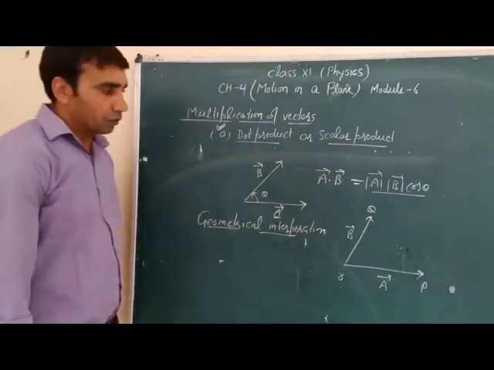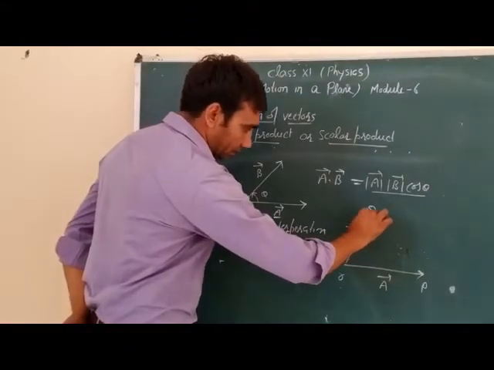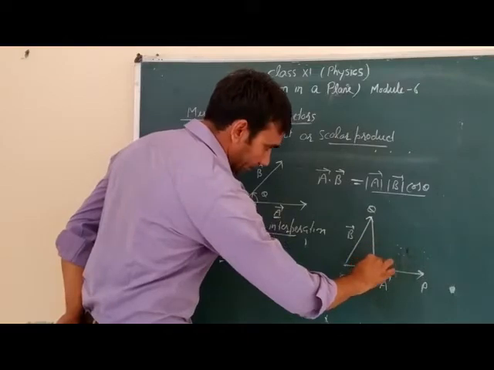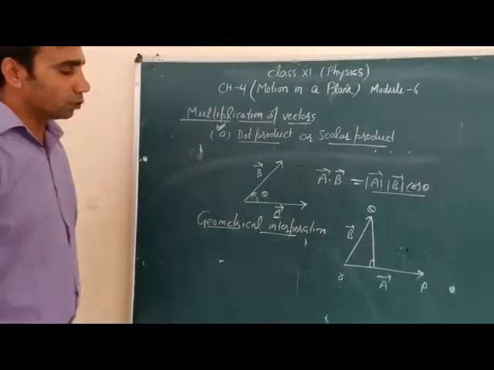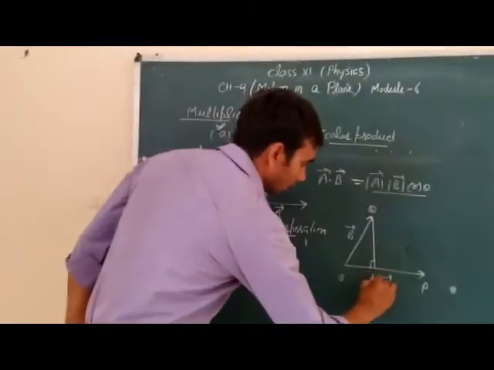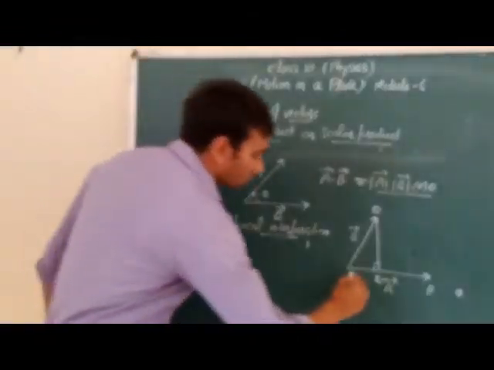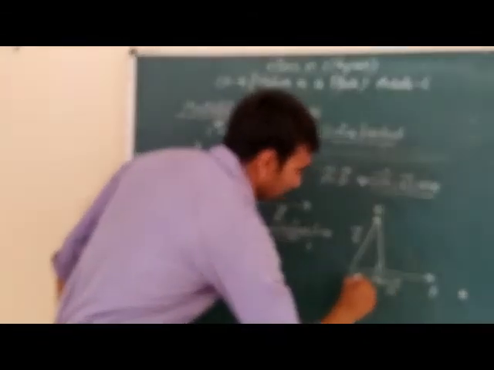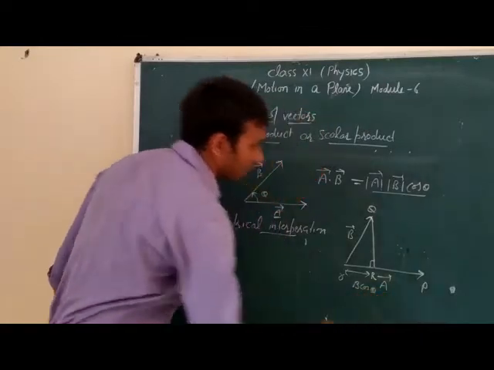From point Q, draw a perpendicular on this line; this point is R. OR is equal to B cos theta.